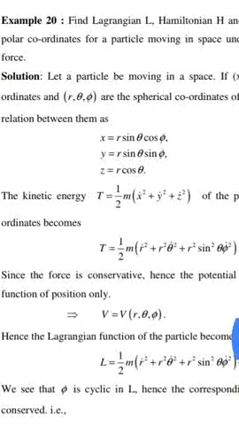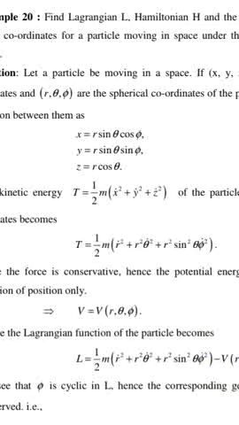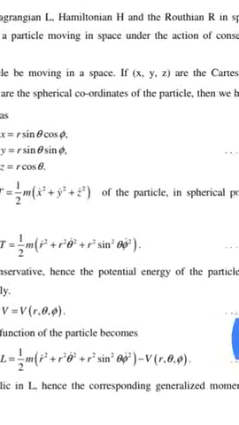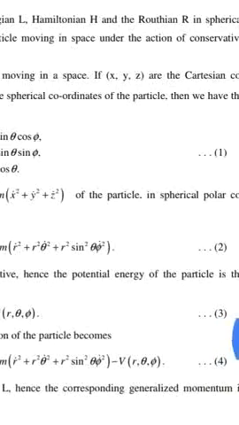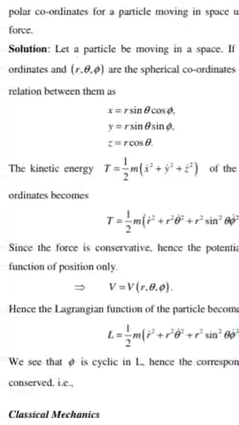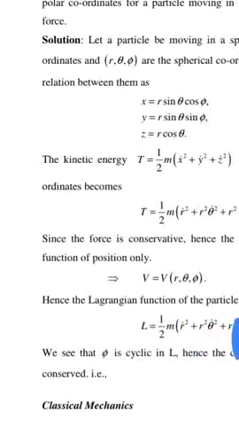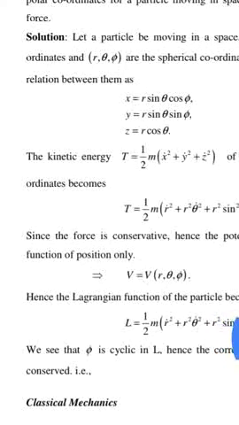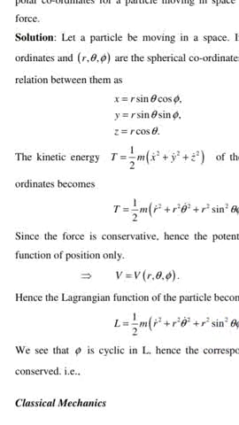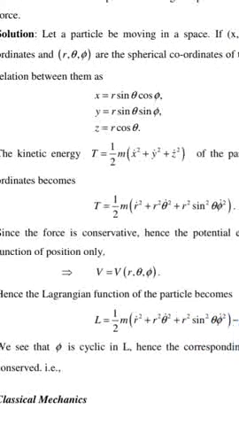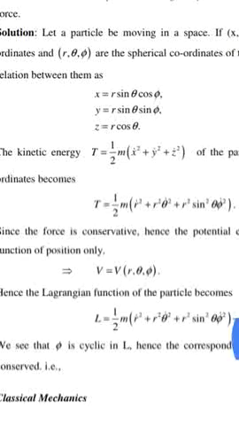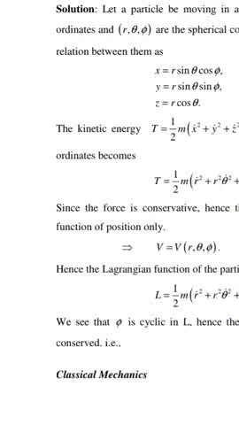Then the kinetic energy T is equal to 1 by 2 m (x dot square plus y dot square plus z dot square) of the particle, which in spherical polar coordinates becomes T is equal to 1 by 2 m (r dot square plus r square theta dot square plus r square sin square theta phi dot square).